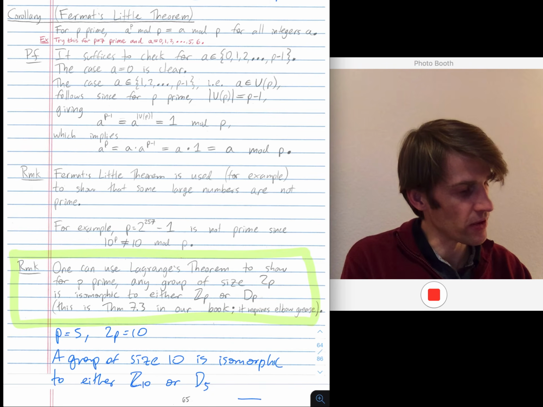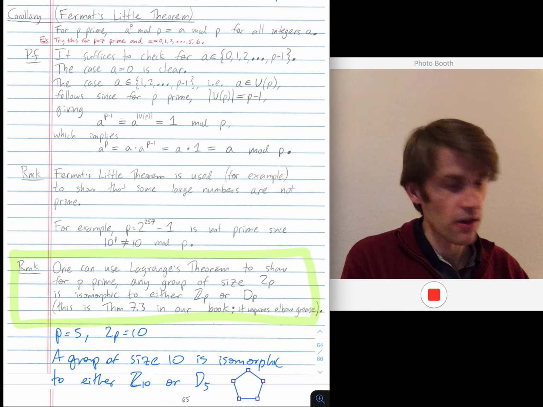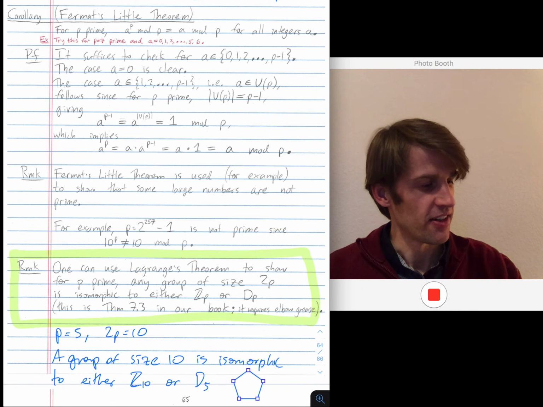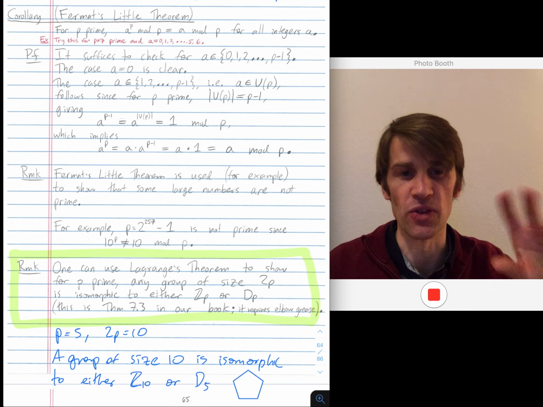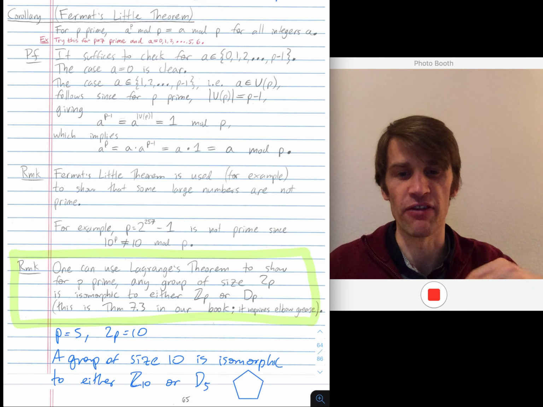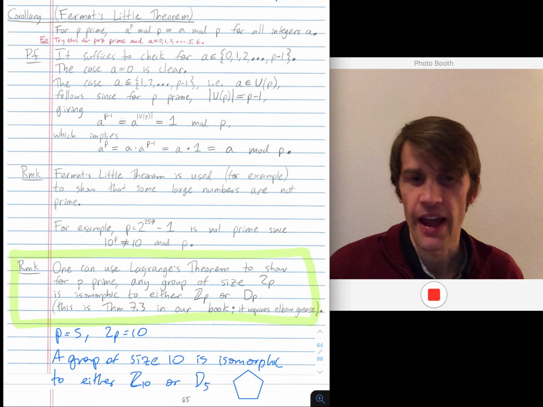D5 is the symmetries of the regular pentagon. Drawn a pentagon there. So D5 has 10 elements in it. It has 5 rotations and it has 5 flips.